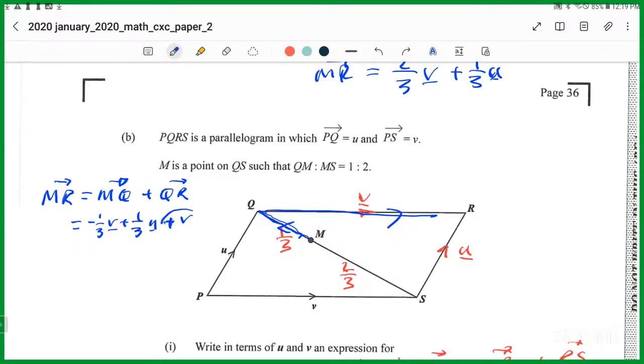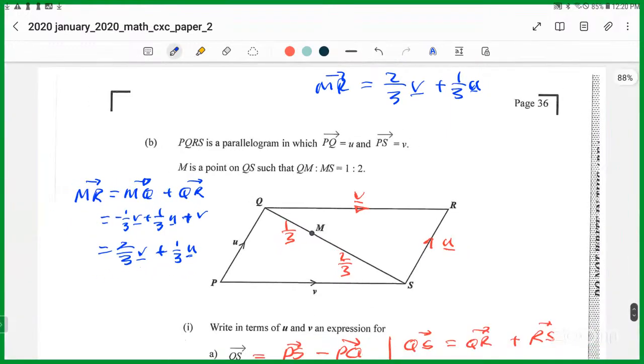And then a whole V minus a third V is 2/3 V. And you're adding this 1/3 U. It's the same answer that we got. 2/3 V and 1/3 U takes it from M to R. Same answer that we got, even though we went in the other direction. Answer is the same: 2/3 V, 1/3 U.